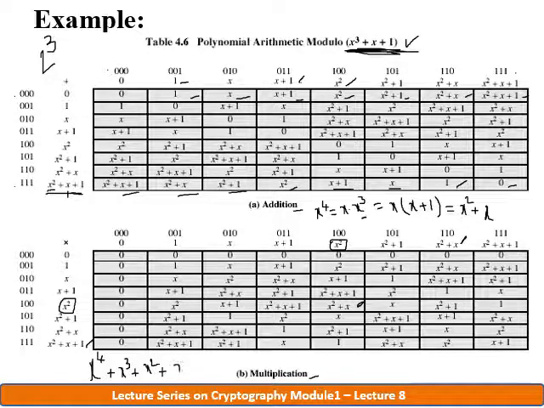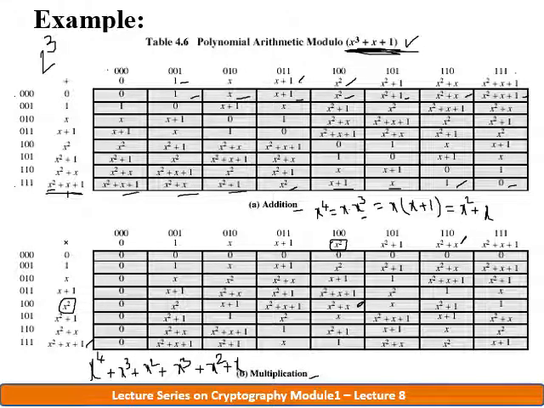x cube. x is now multiplied with this x square plus x plus 1. I am getting x cube plus x square plus x.